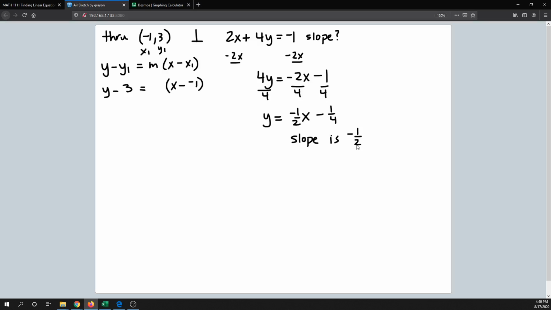So what you're going to have to do, right, is the slope of the line that we're looking for, the one that's perpendicular, what you would do is flip this over. So it would be minus 2 over 1, and then take the opposite of it. So that would be the reciprocal, right? The reciprocal is just a fancy word for saying flip this over.